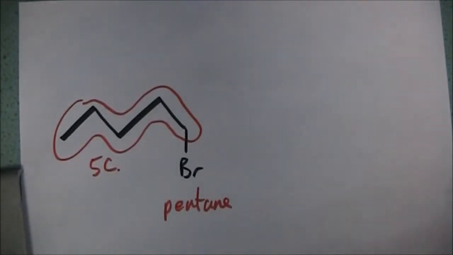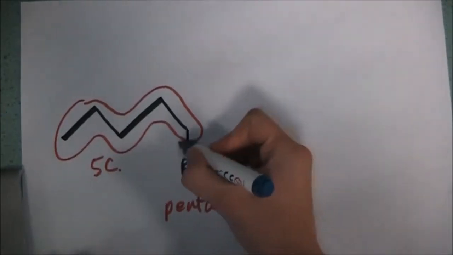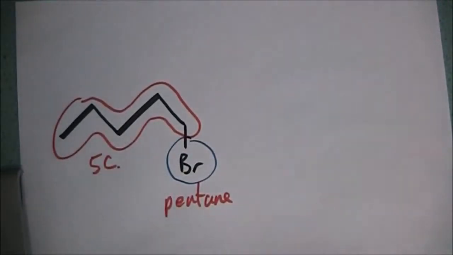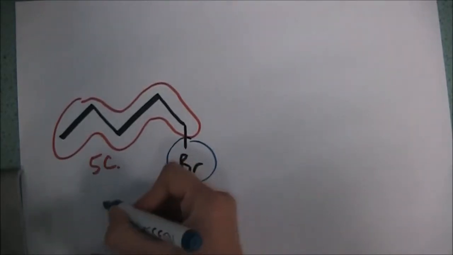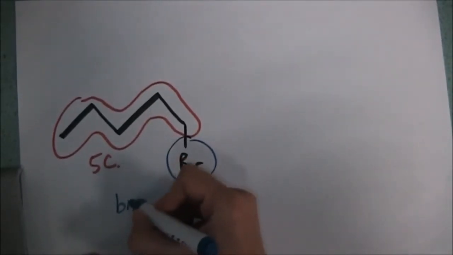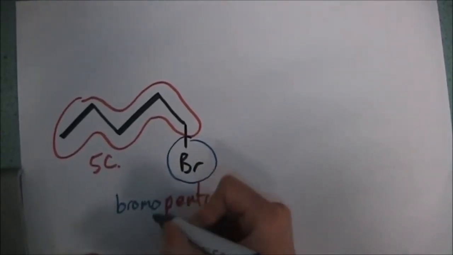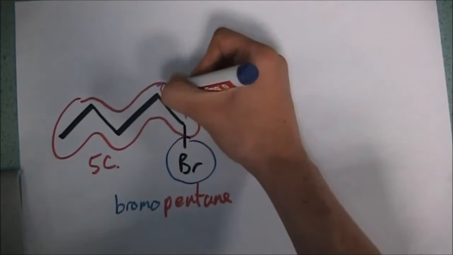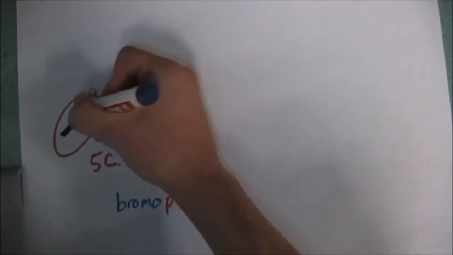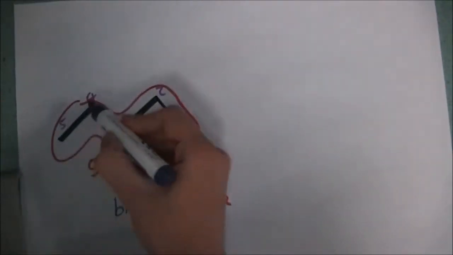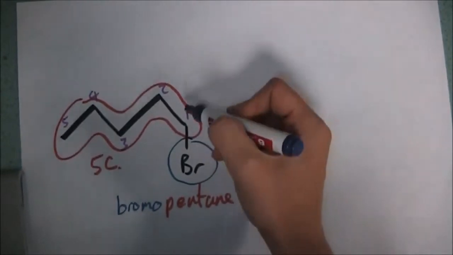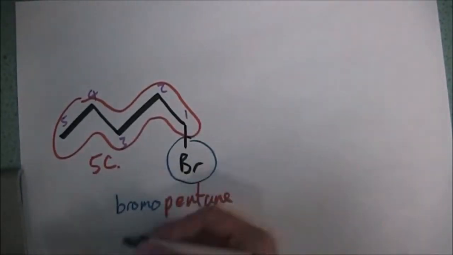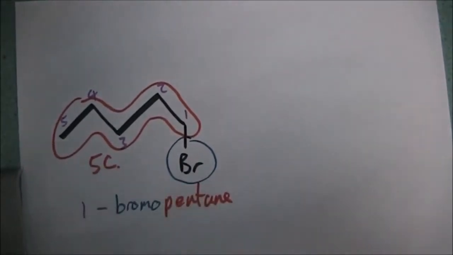We're going to say, right, there's a functional group hanging off here, and it's a bromine atom, and the prefix for that is bromo. So this is some sort of bromopentane, and we've got two ways of counting. We can go 1, 2, 3, 4, 5, or we can go 1, 2, 3, 4, 5. 1 is lower than 5, so it's going to be 1-bromopentane.